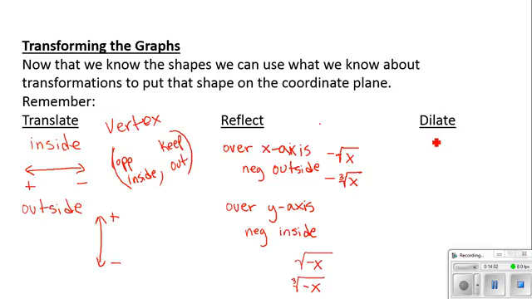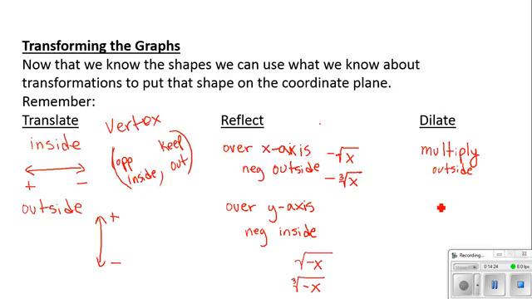Dilating is also still going to be the same. Remember, we're talking about stretching it vertically or shrinking it vertically. We can still multiply by numbers out front, outside the function. And so this will give us a graph that we've stretched.